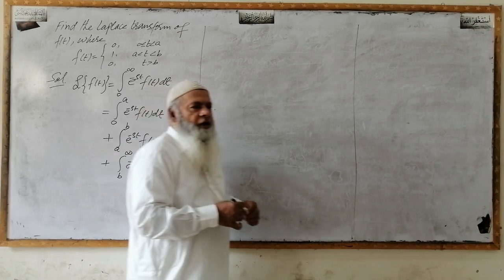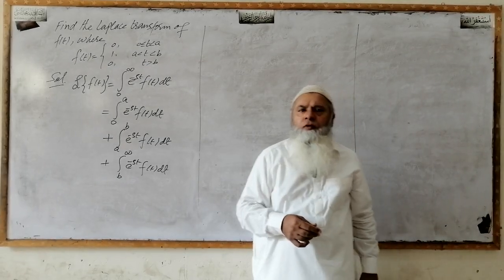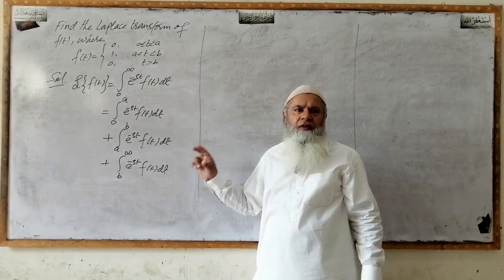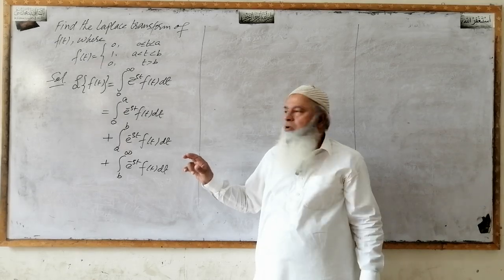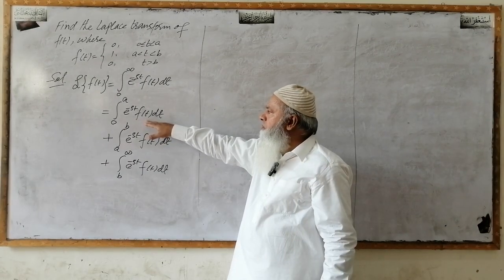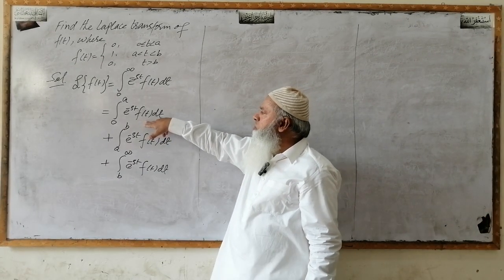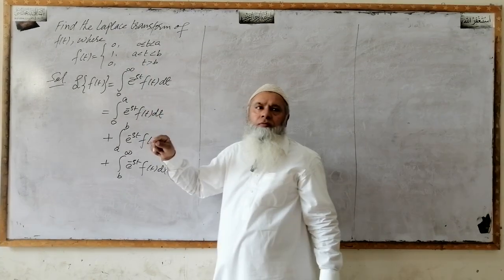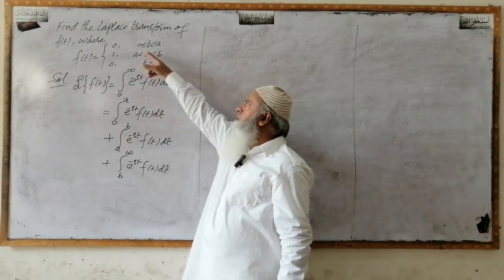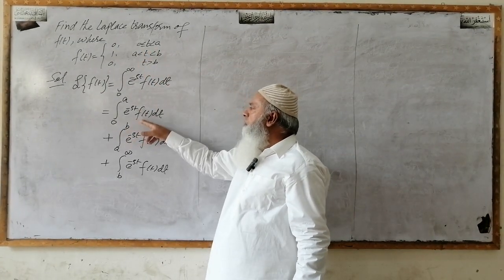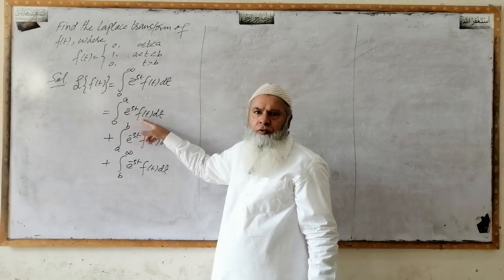Now after writing the integral into three parts, we are in position to write the values of function. For this particular limit, we will use f of t is equal to 0, because for this range when t varies from 0 to a, f of t is equal to 0.